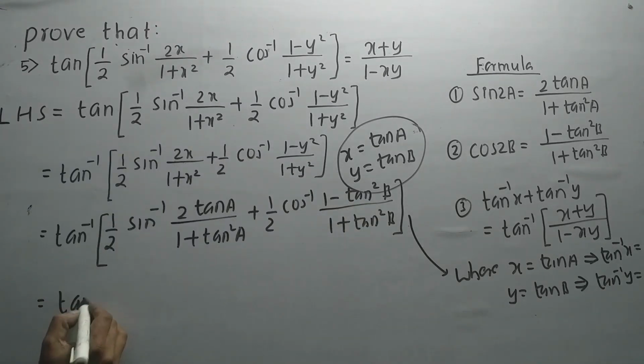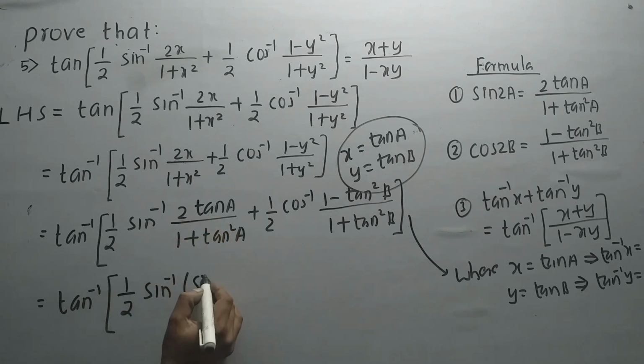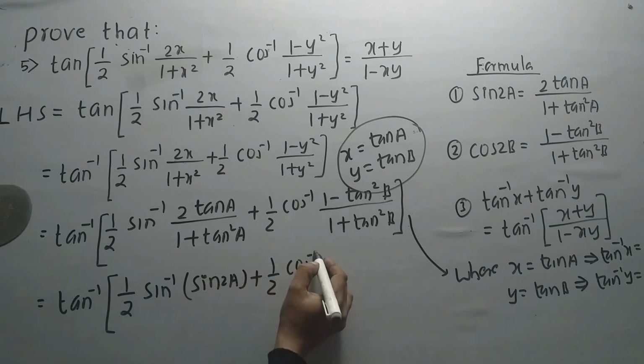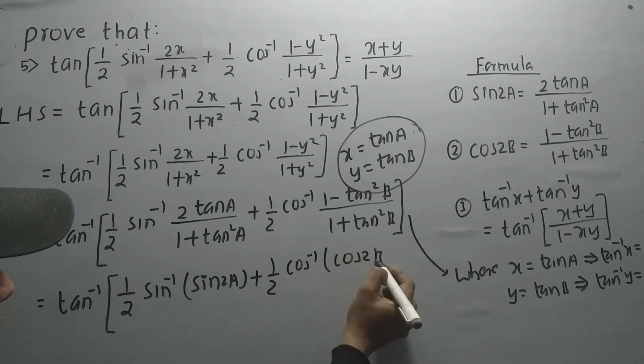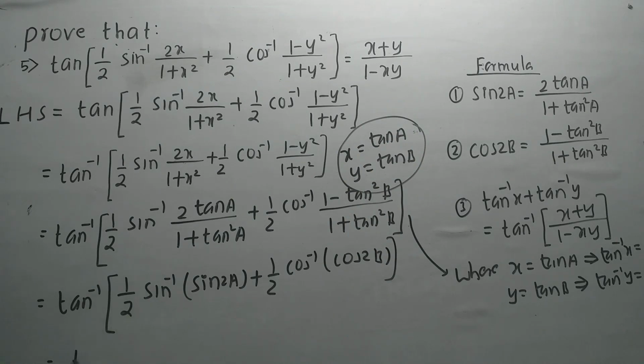So 1 by 2 sin inverse, this is the formula for sin 2a, plus 1 by 2 cos inverse, this is the formula for cos 2b, which I have already discussed. After that, half remains the same, and sin inverse and sin cancel, so you can write 2a plus 1 by 2 of 2b.